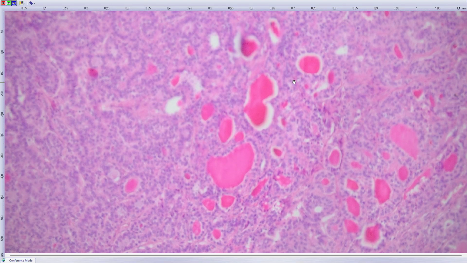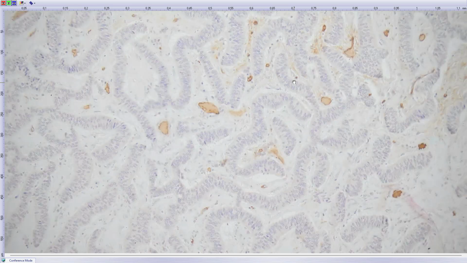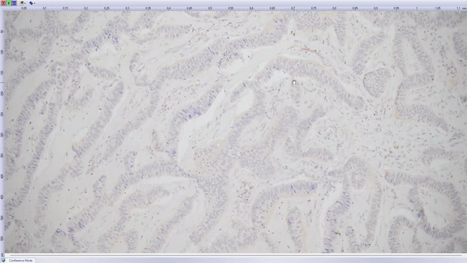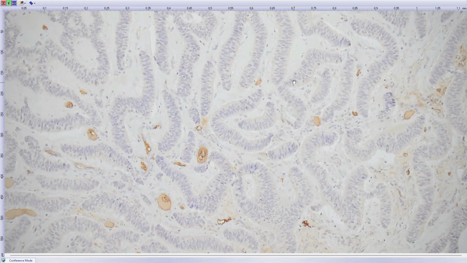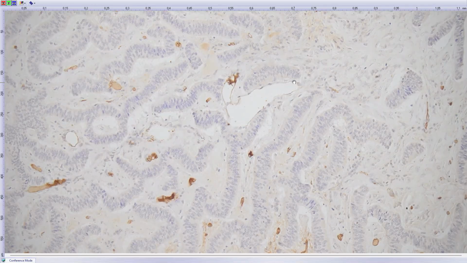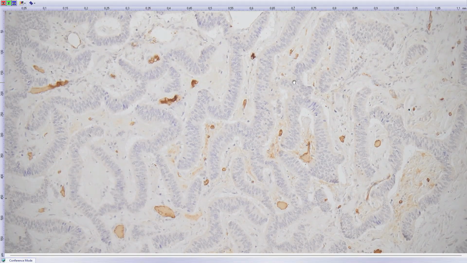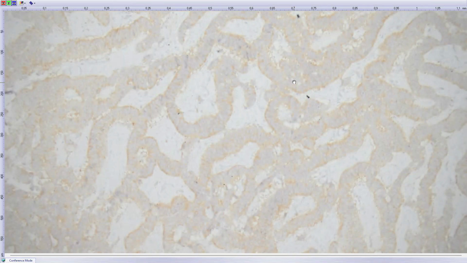I have thyroglobulin here. You see that these eosinophilic things in the carcinoid-like proliferation are thyroglobulin positive. That means they really have something to do with thyroid. The same with synaptophysin, which is positive in these cohorts.